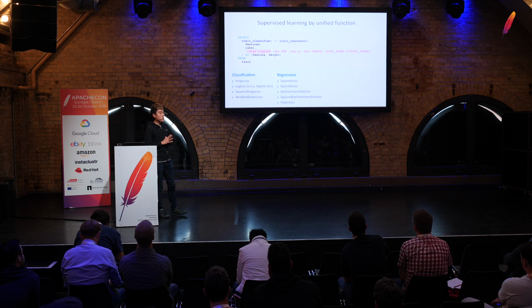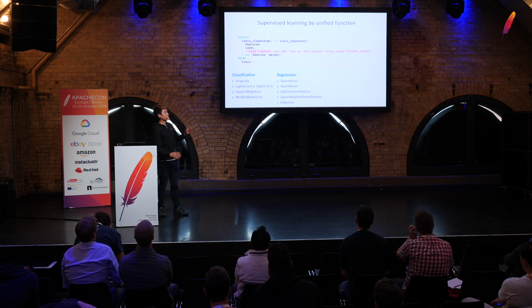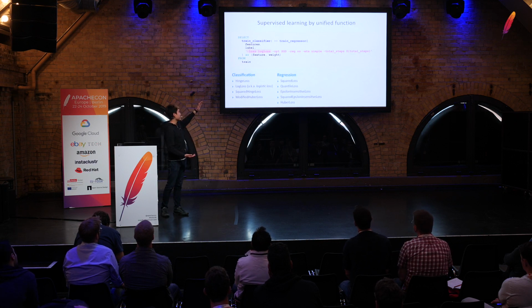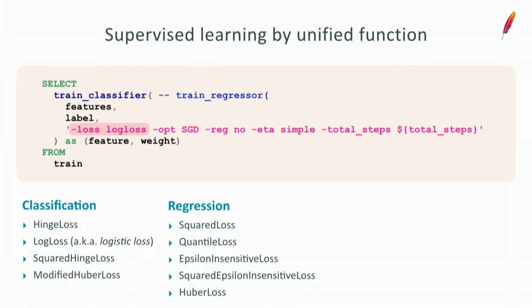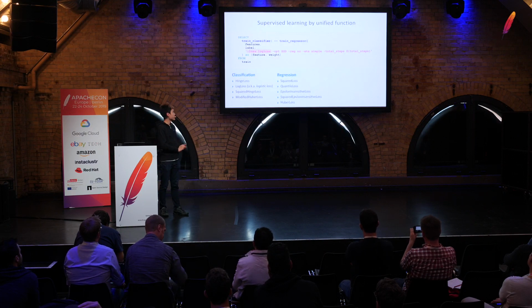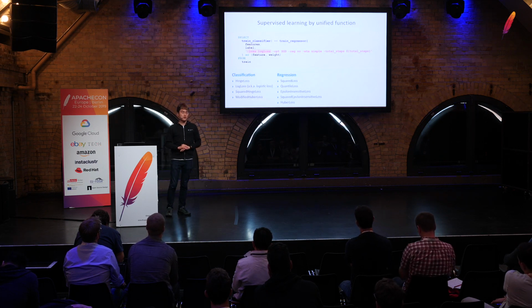So let me give a little bit more explanation. Like I said, the train classifier trains a classification model for the data passed to the first and second arguments. The first argument corresponds to the feature vector that we created before, and the second argument corresponds to the label, which means the solution or answer passed to the machine learning algorithm. The third argument corresponds to the hyperparameters of the machine learning model.